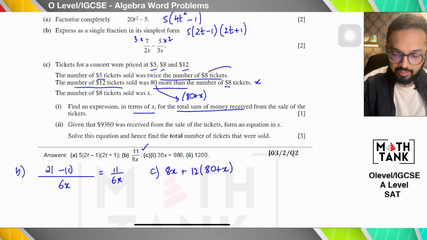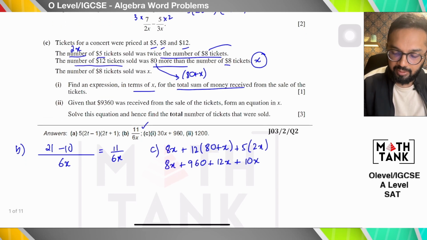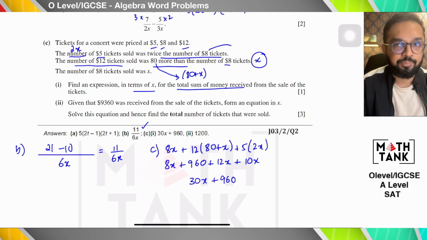So the number of $8 tickets sold was x. Therefore, the number was 2x. So this would give me 5 times 2x. So I have 8x plus 960 plus 12x plus 10x. That gives me 30x plus 960.